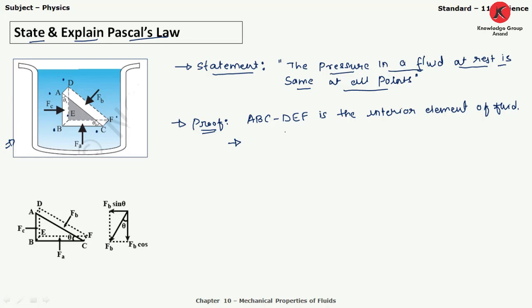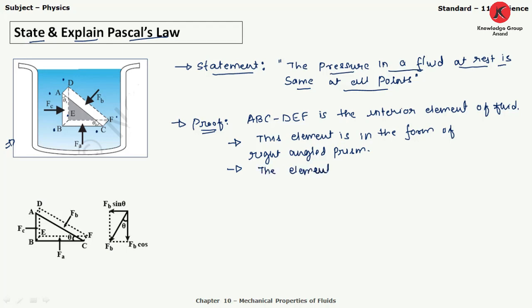So I am writing here: this element is in the form of a right angled prism, and the element is so small that the effect of gravity can be ignored, right?